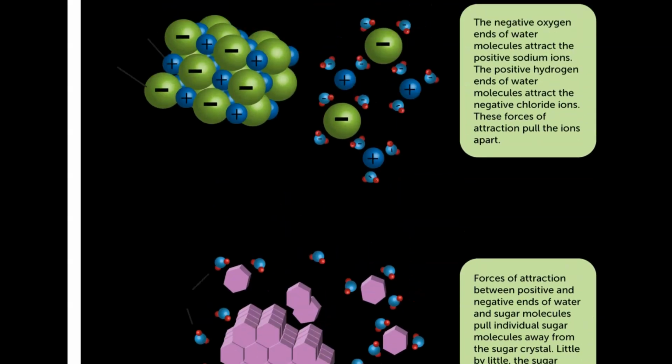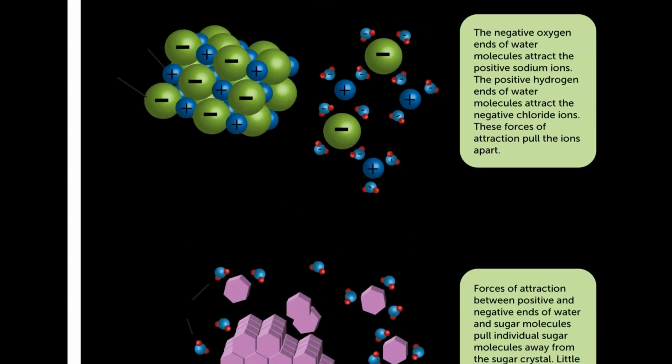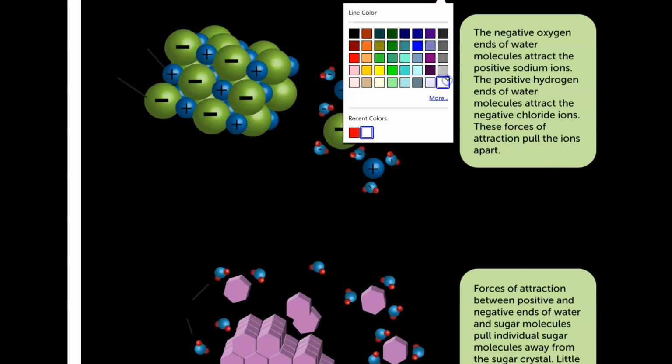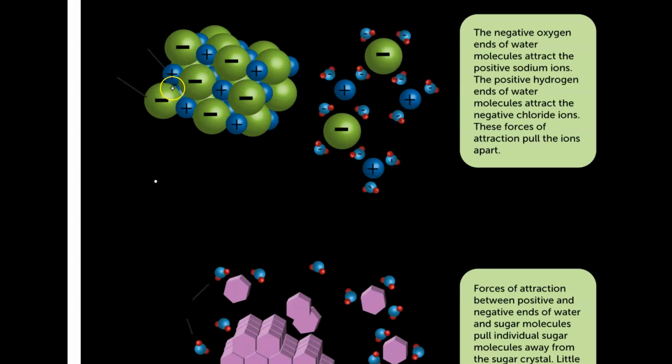I'm going to scroll up here because in this diagram we have salt. So this represents sodium chloride, NaCl. And what you can see in this is that my negative chloride ions and my positive sodium ions are attracted to each other when they're in the solid.